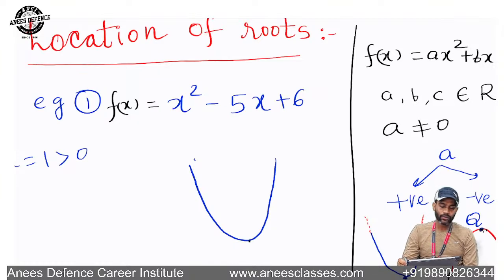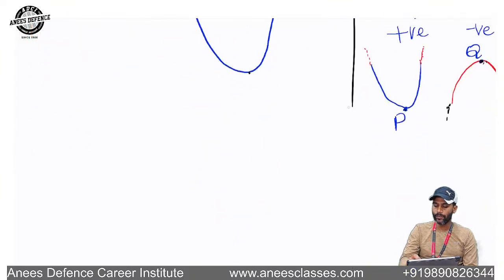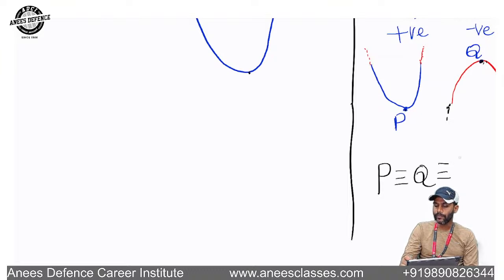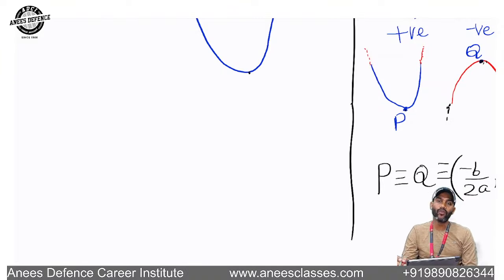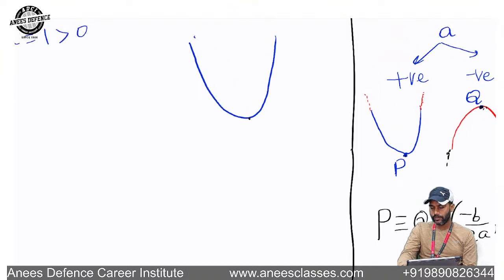So the coordinates of P or Q would be minus b by 2a, comma minus D by 4a. The y coordinate will give you the value of the function, and the x coordinate will give you at which value of x it is minimum or maximum. Yes or no? I hope you understood. Is there any doubt? No, sir.